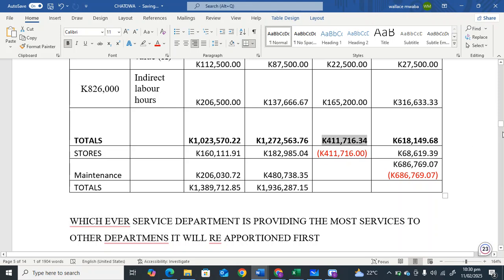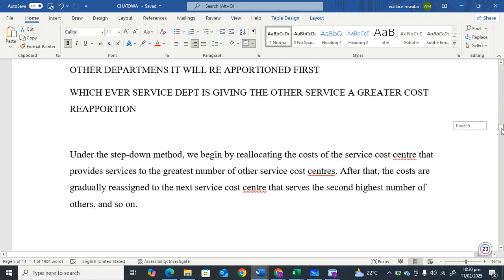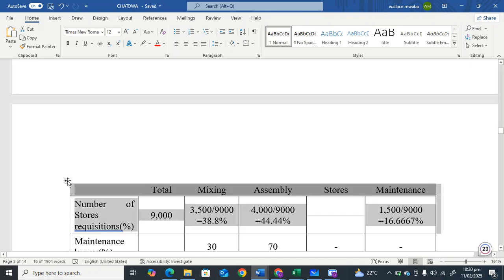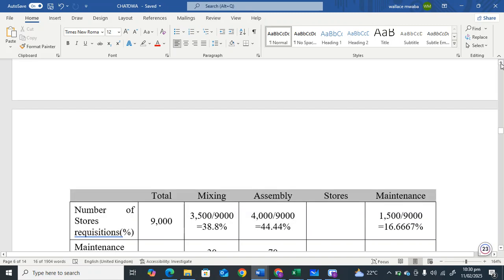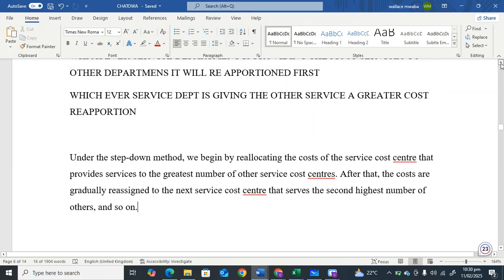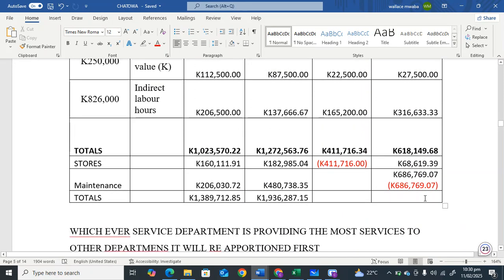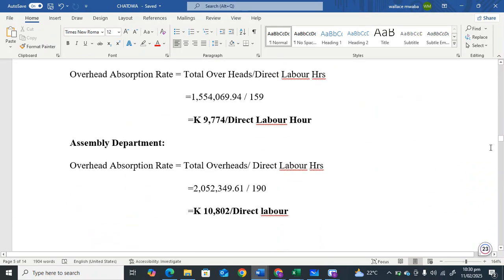We said we're using number of store requisitions. Let me just bring this table here.